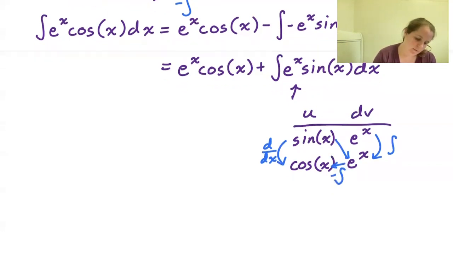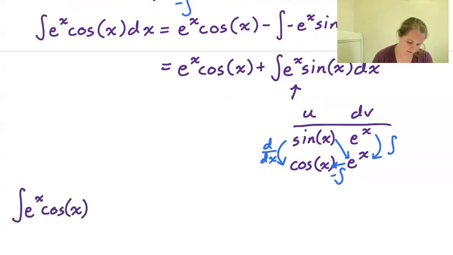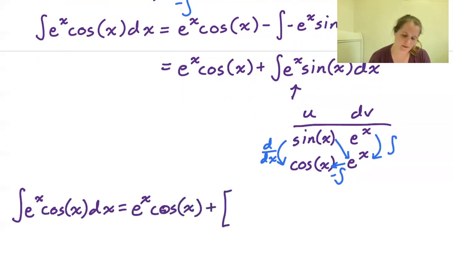So if we rewrite what we had previously, we have the integral of e to the x cosine of x dx is equal to e to the x cosine of x plus, then this new thing we just found, we multiply on the diagonal, we have e to the x sine of x.